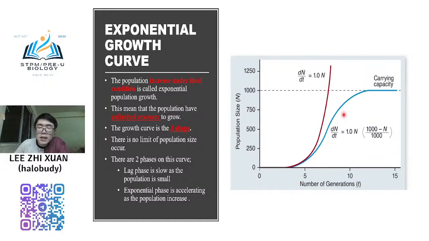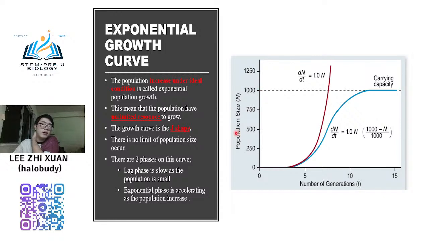So what is the main difference? You can see that the red one is exponential, so it does not have a maximum point. It can go up to very high, unlimited. But the logistic one has a maximum point here, and the maximum point is only 1,000. This is population size against the number of generations.